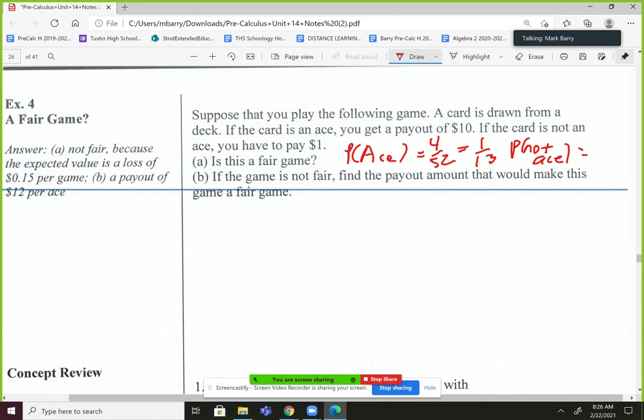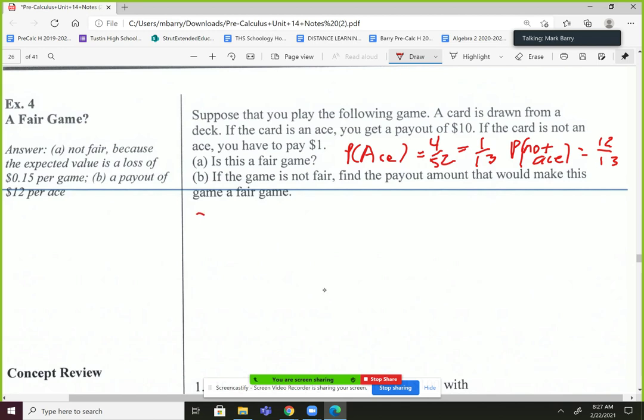That would be either 48 out of 52, or I'm just going to use 12 out of 13 because it's a little bit easier: 1 minus 1 out of 13, right? Remember that the probability of something happening plus it not happening is always 1. So 1 over 13 plus 12 over 13 is obviously 1, correct?